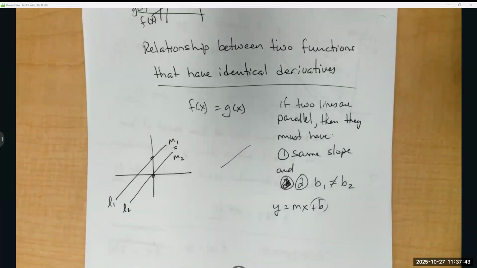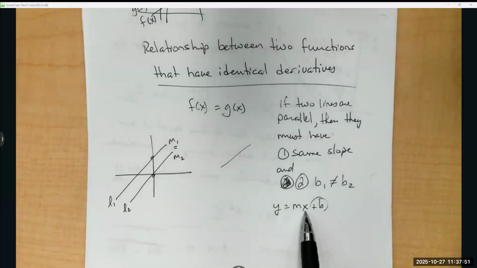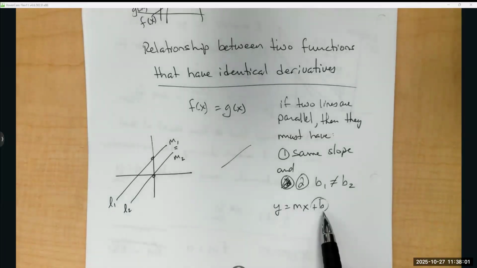So what's the characteristic about b? What does it not have? It doesn't have an x. So the characteristic of a y-intercept in any equation, the y-intercept is always what kind of term? Constant.